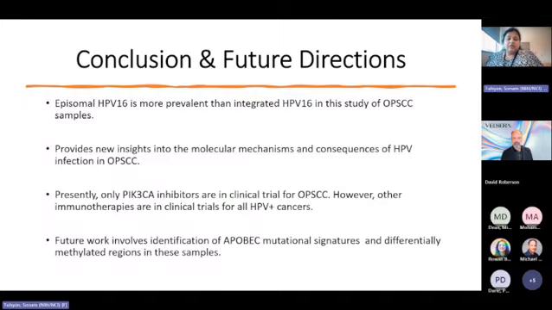APOBEC mutational signatures are a specific pattern of DNA mutations characterized by an abundance of C to T and C to G mutations, particularly in the trinucleotide motif TCW, where W represents A or T. APOBEC enzymes are part of the body's defense against viruses, particularly retroviruses and HPVs, and they work by deaminating cytosine bases in DNA, converting them to uracil. Therefore, looking at these signatures would show whether APOBEC signatures can be found in these cases.